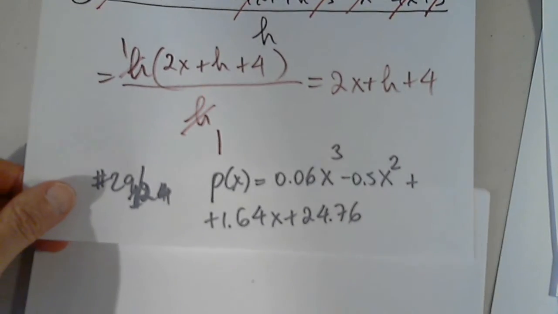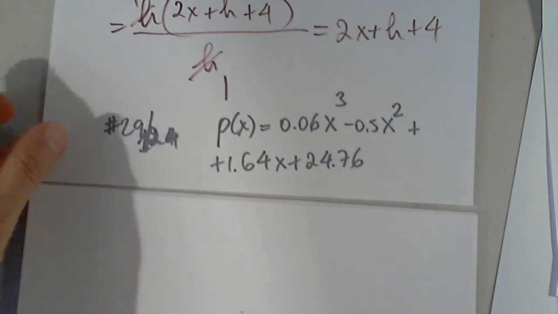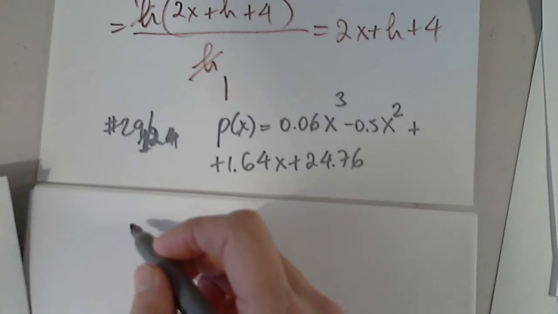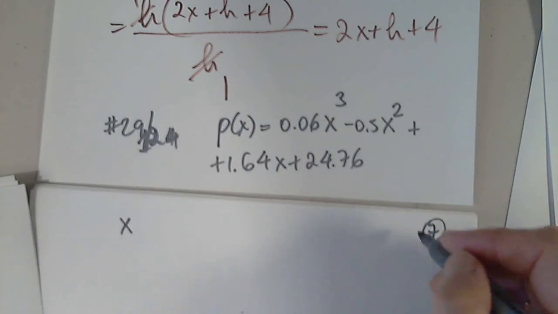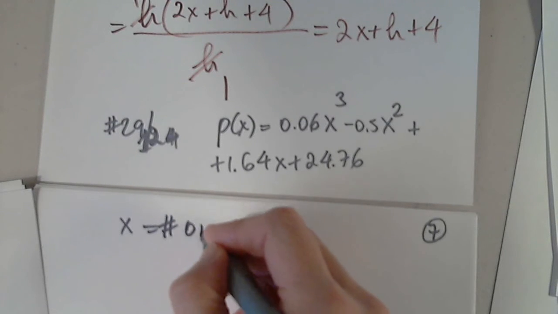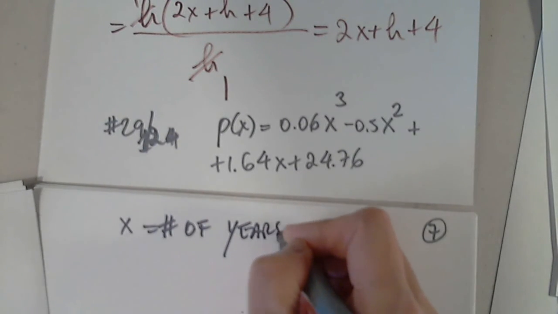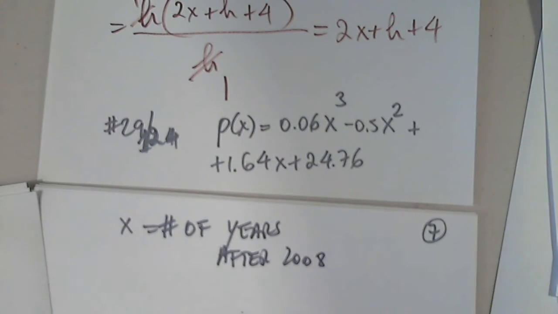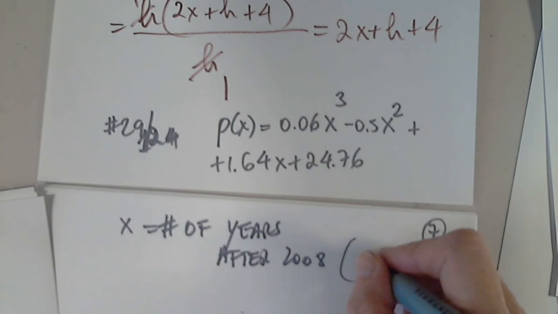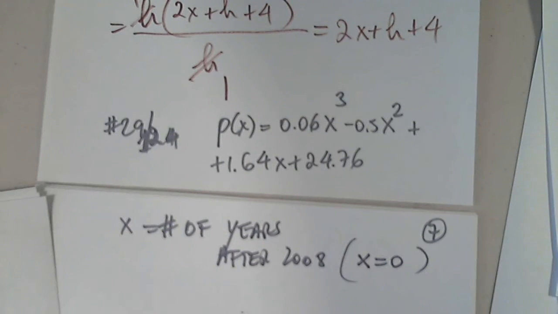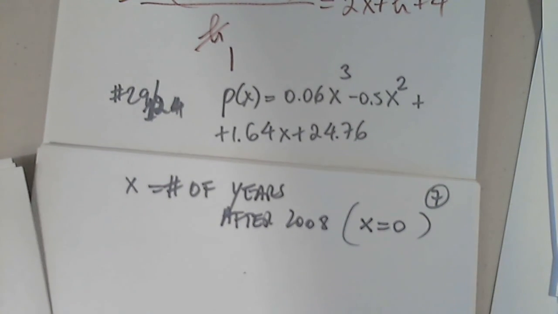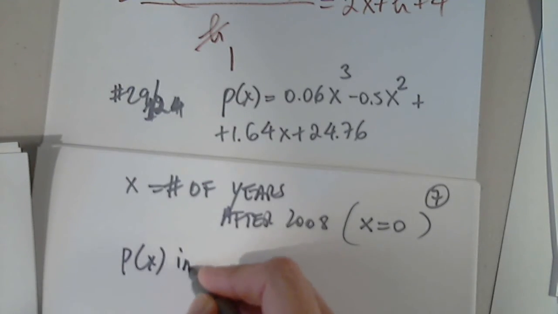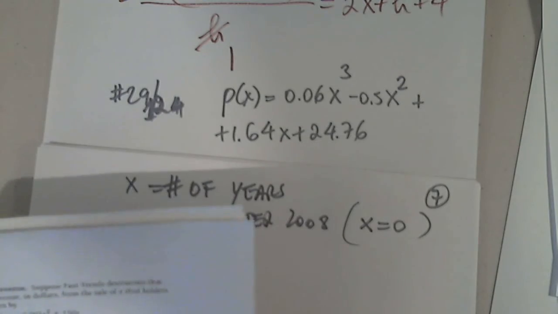As I said, sometimes the printout is a little blurry. Where x is the number of years after 2008. So I make myself a note: this means x equals 0 for 2008, and P of x is in dollars. So that's the price.